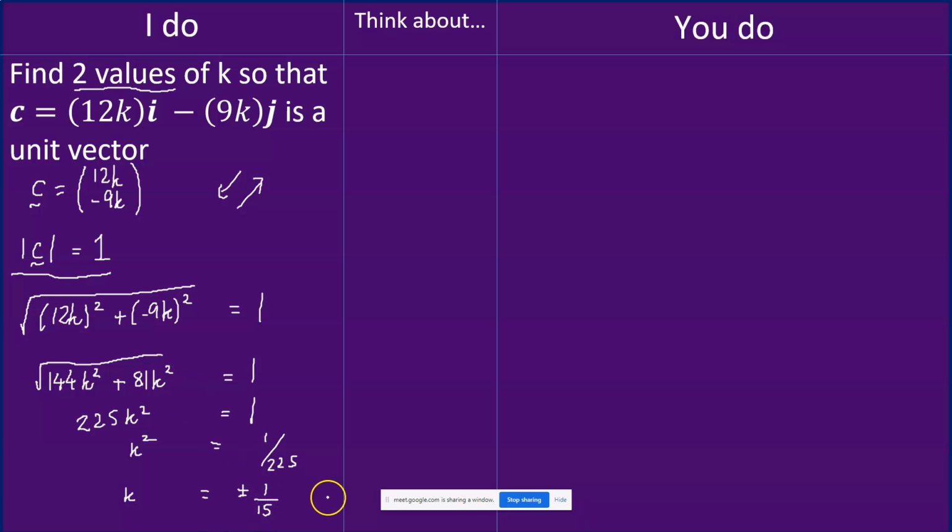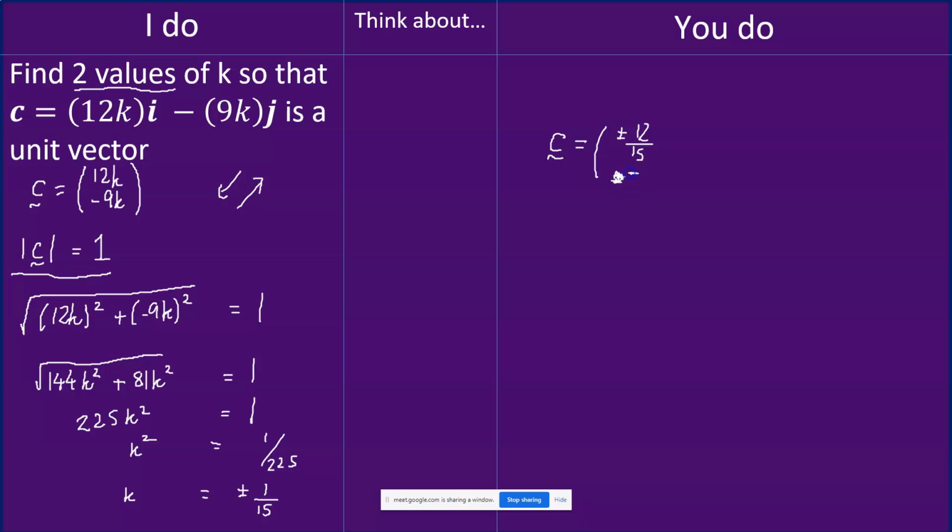What we can do then is rewrite, if we want to, we don't have to, c slightly differently. There are two values for c, but it's going to be plus minus 12 over 15, minus plus 9 over 15, because that's a minus.